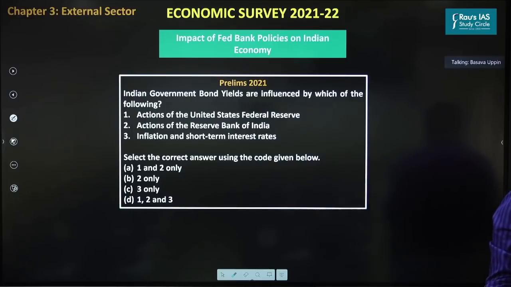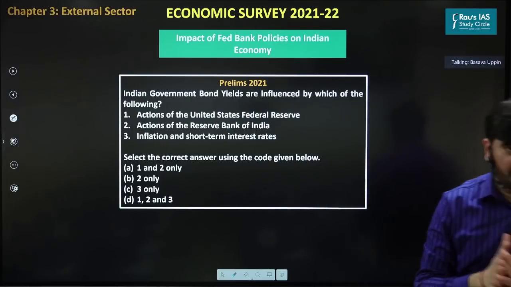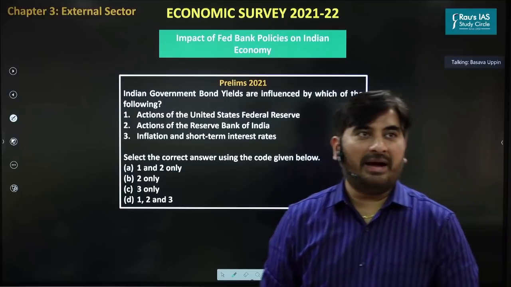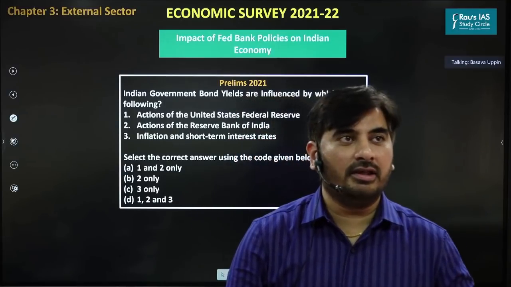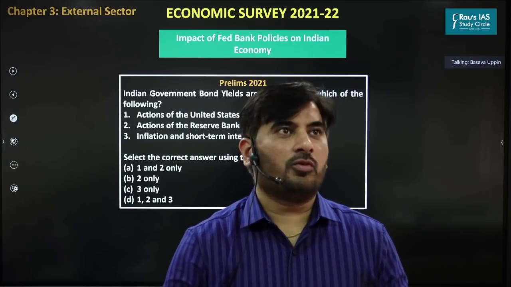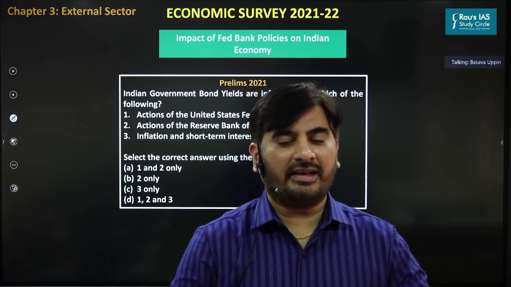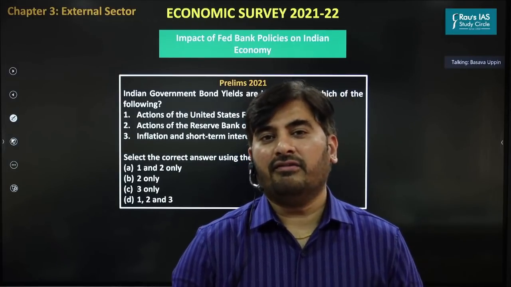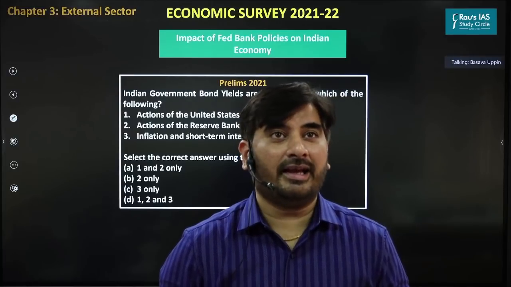Okay, now coming to the most interesting topic of this particular chapter, that is the impact of Fed bank policies on the Indian economy. Here we are going to discuss the impact of Fed bank policies, that is quantitative easing and Fed tapering, on the Indian economy.